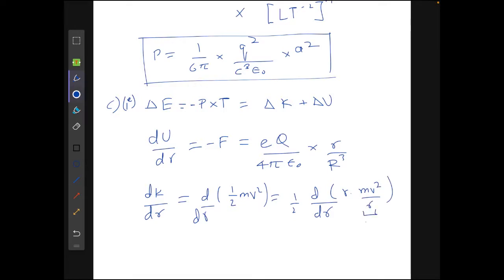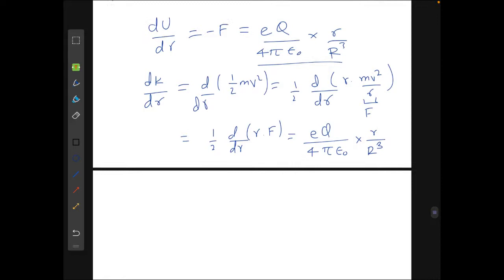This can be written as the force, and here what we get finally is half of d by dr of r times F. Substituting F and differentiating, we get eQ over 4 pi epsilon naught times r by capital R cube.